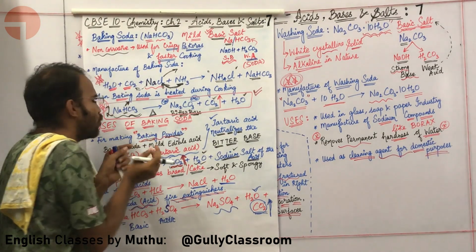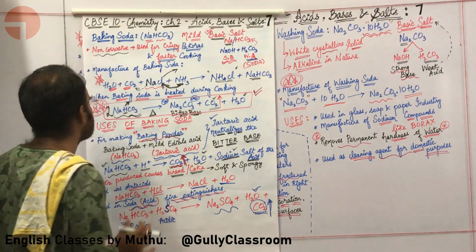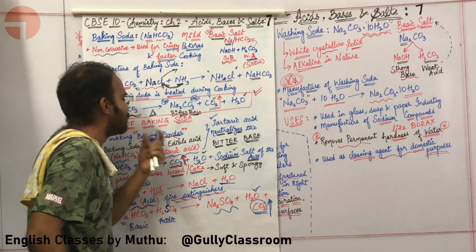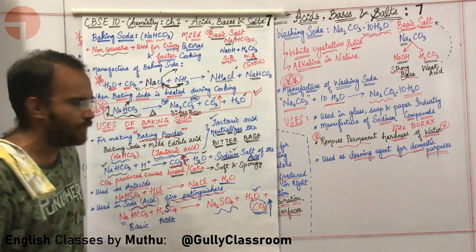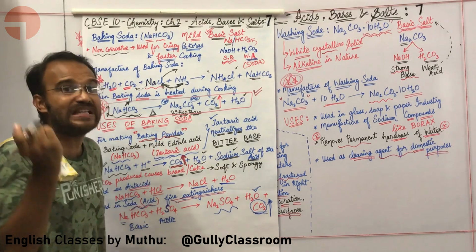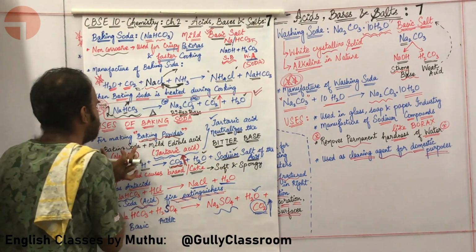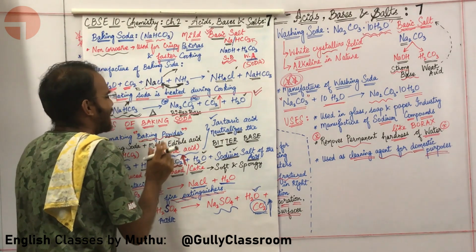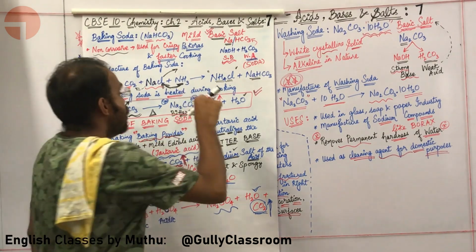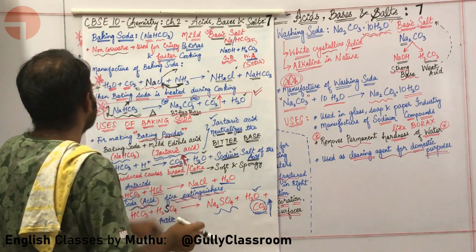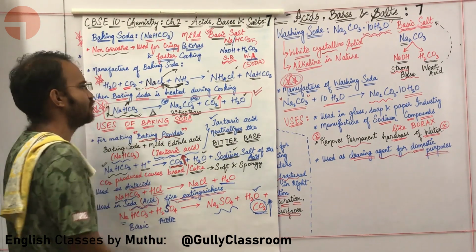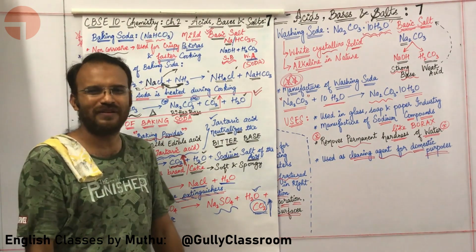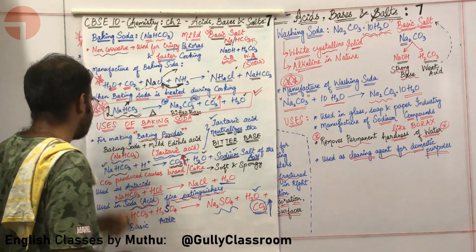So baking powder is essentially a combination of baking soda and mild edible acid. We are using tartaric acid as the mild edible acid to neutralize the bitter base formed when we are heating baking soda. Are you comfortable with this? Yeah, let us go for the next idea.